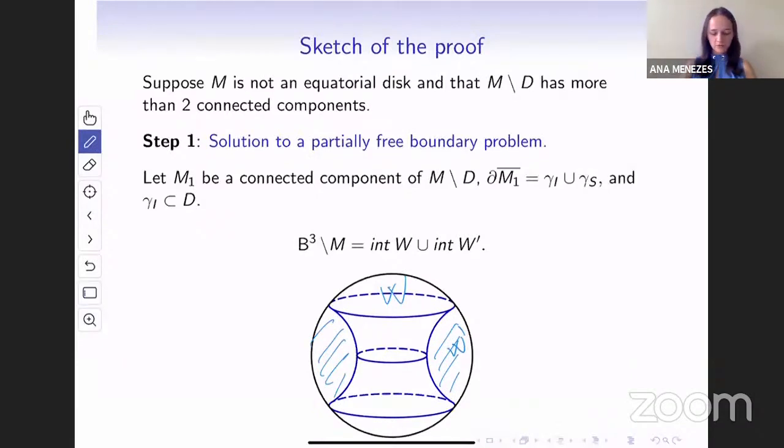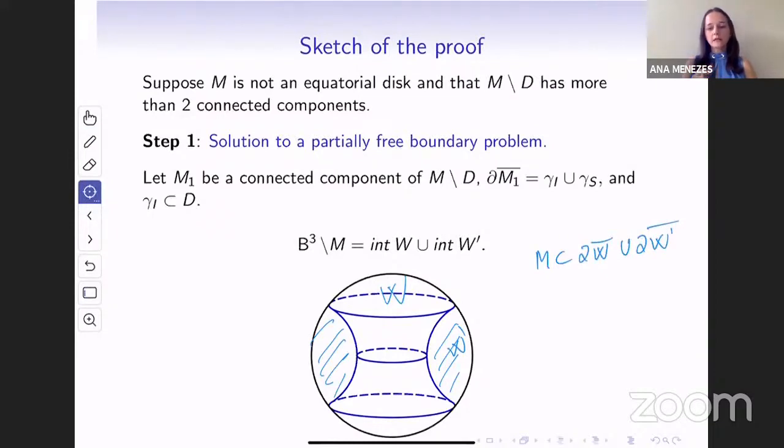Observe that your free boundary minimal surface, the catenoid in this case, contains the boundary of each of these regions, W and W prime. And what is this partially free boundary problem that we're going to consider? Let's fix W and work on W first.